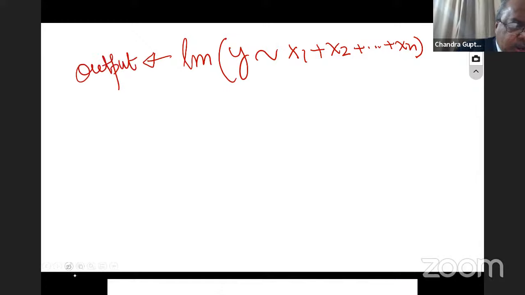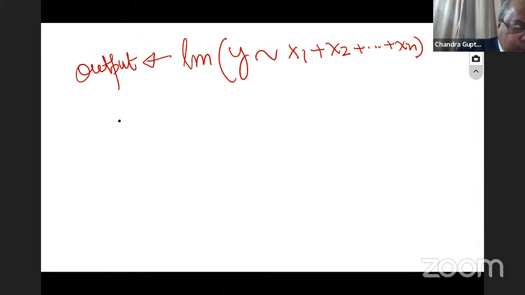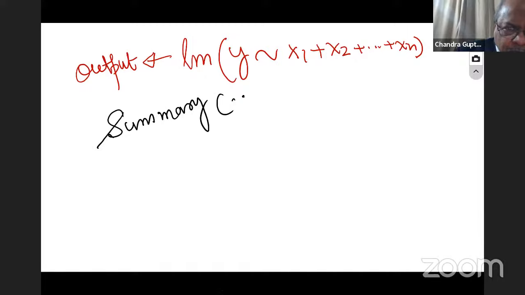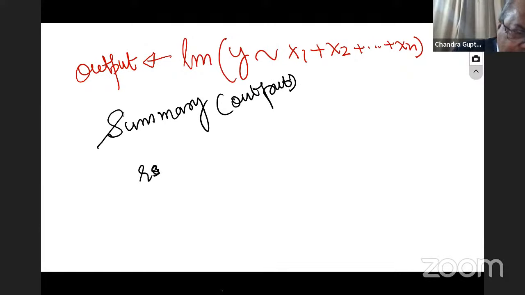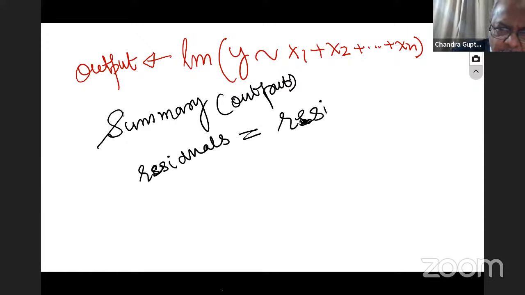To see the result, you can take the summary of it. To save residuals, suppose I use command residuals, that will be equal to resid of your output.